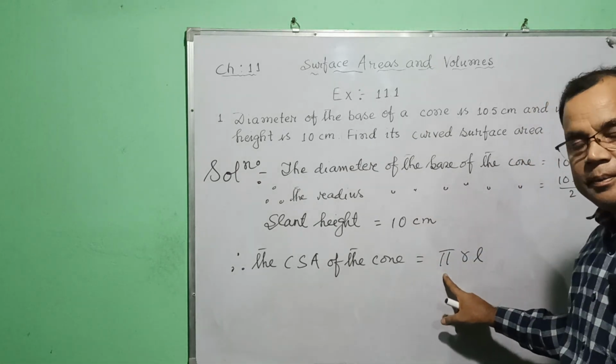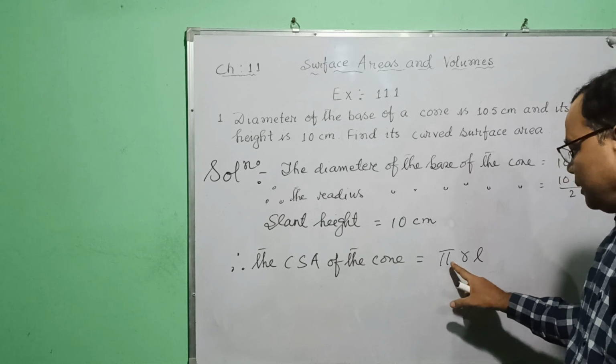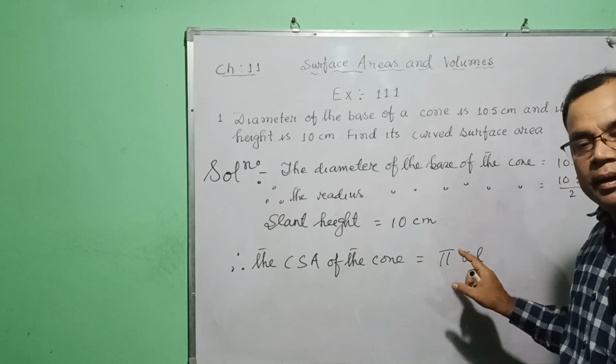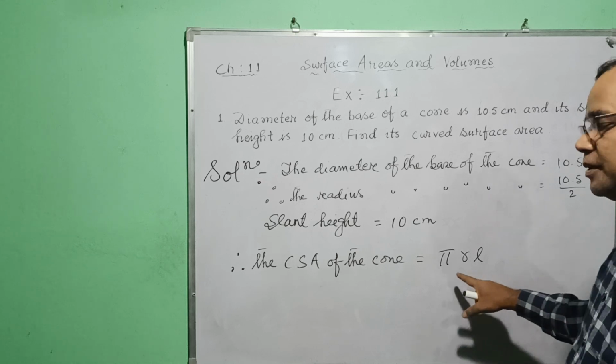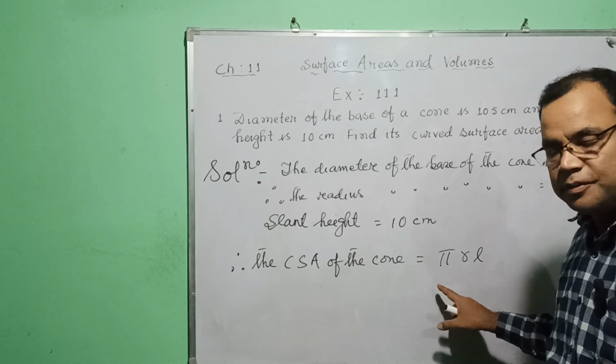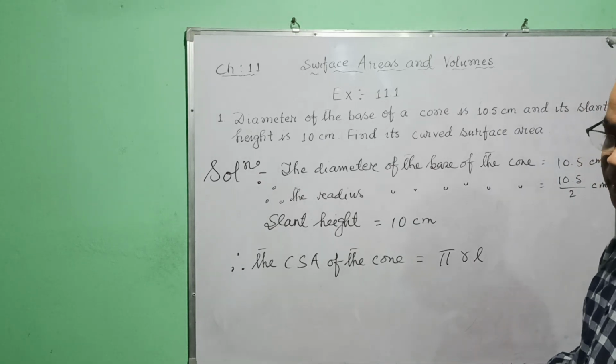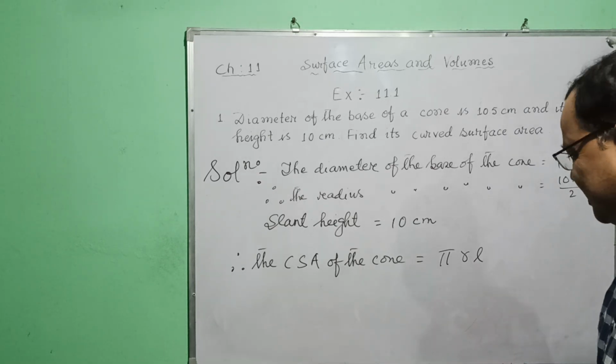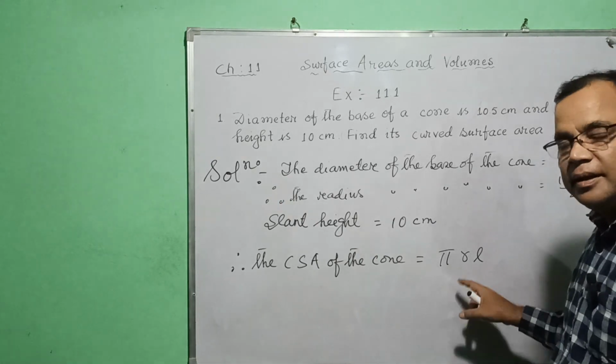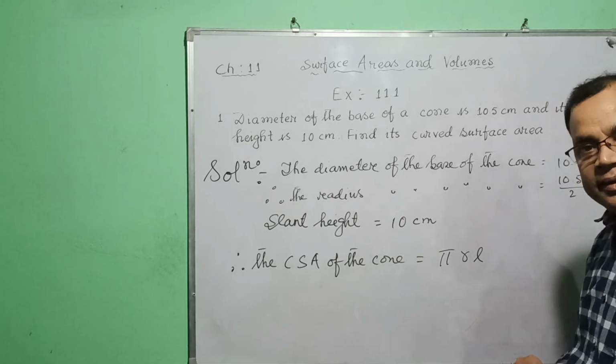Here pi is given 22/7. If it is given 3.14, then we will use the value of pi as 3.14. Otherwise, we will take the value as 22/7. R is the radius and L is the slant height.